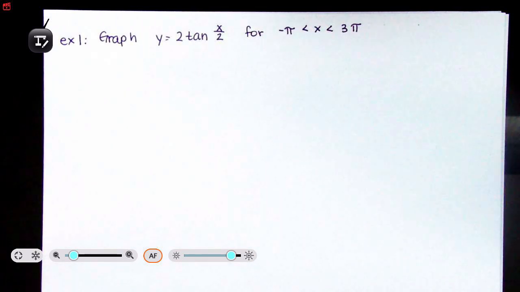So it wants to see, if you were to use Desmos or your calculator, you set the window from negative pi to 3 pi, and it wants to see what you have between those two values. We're going to worry about that at the end, step number 4, when we're graphing. Right now, all we're going to do is use that to identify our information.